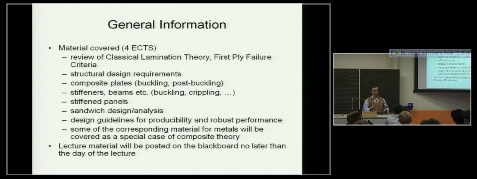Is your structure going to collapse completely, or does it have enough extra margin of safety or enough ability to redistribute the load as it locally fails? So these become important, and we'll mention some of those in closing the course. And every once in a while it will be fairly obvious that the composites, if you changed certain properties, will become metals, and the same approach holds for metals also.